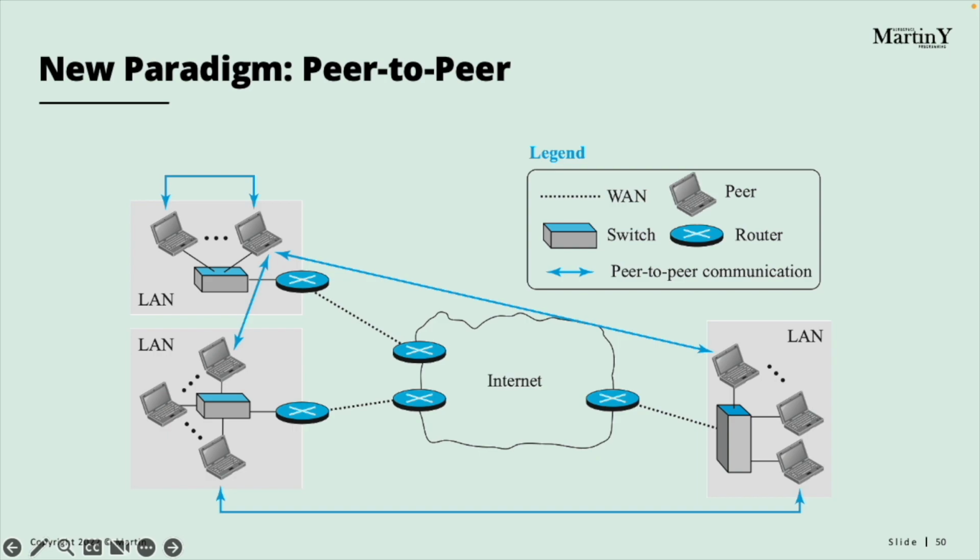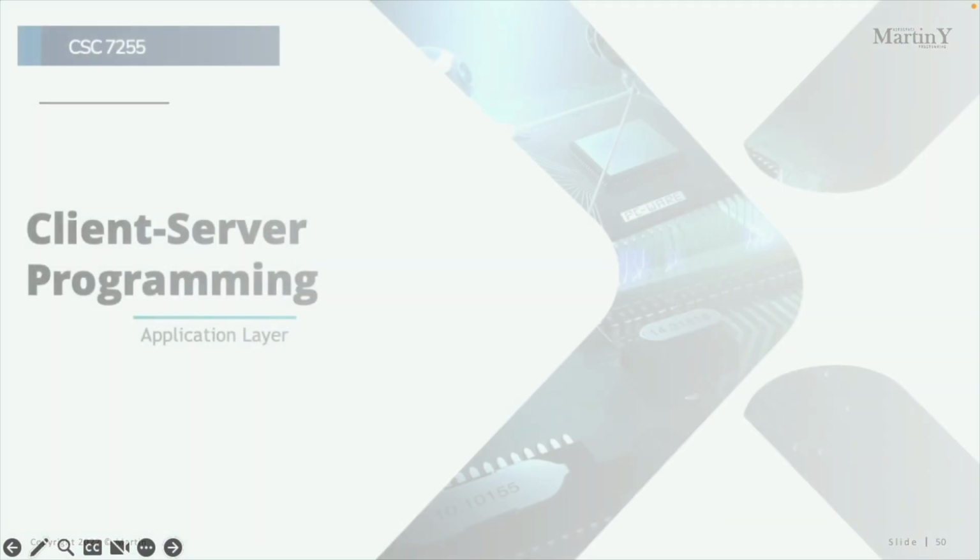Even with that, most of today's applications for communication, for example WhatsApp or Messenger, are still using client-server based paradigms. But it's important to know this one since it exists on the internet. Okay. All right.